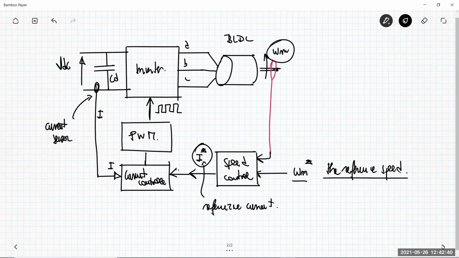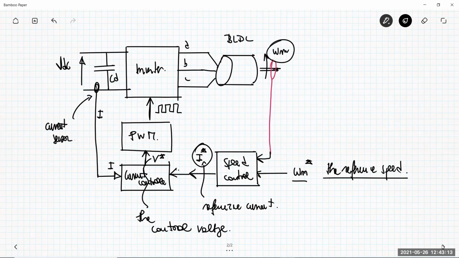And then this current controller generates the control voltage. This is the control voltage for the modulator, for the pulse width modulator. And so in that case, I can have the control of the operating speed. This is the typical architecture for controlling in an accurate way the rotating speed of the BLDC motors.